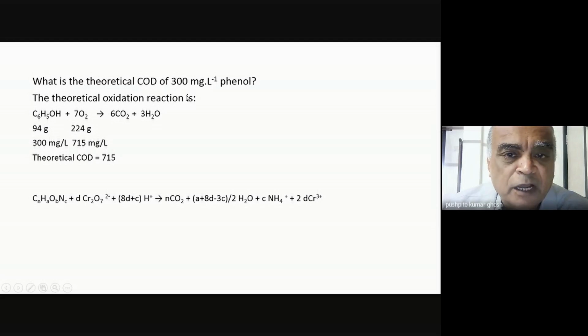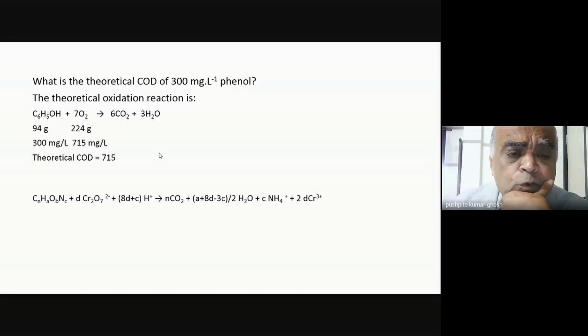That means, suppose I'm expecting a solution with about 300 milligram per liter of phenol, I can just look at this equation and say the COD will be around 715 milligram per liter. So I just have to do the ratio and proportion.